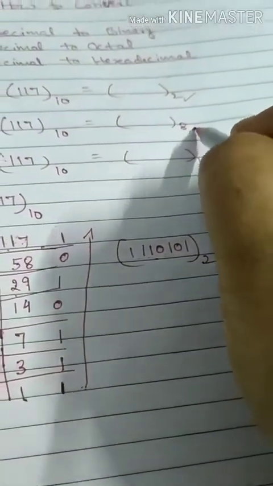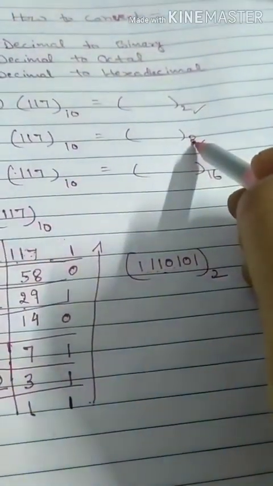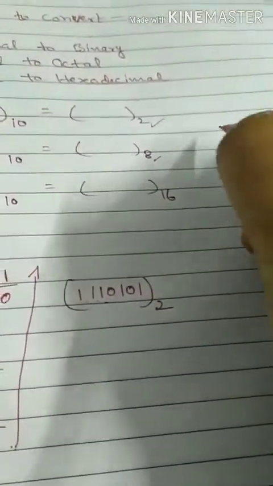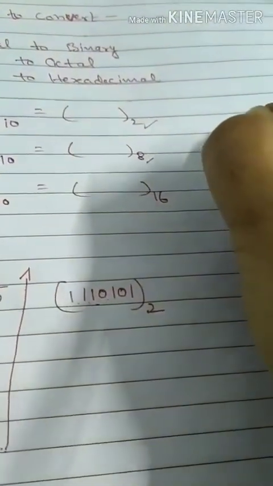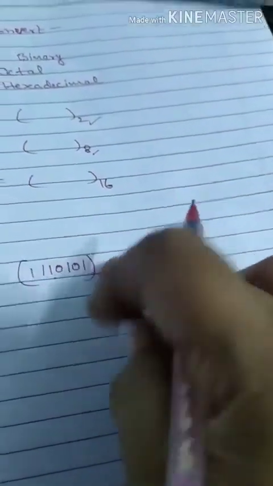Now I am converting a decimal number into an octal number. The same process here.